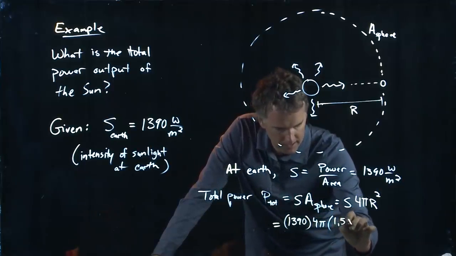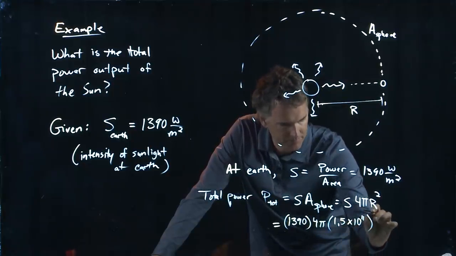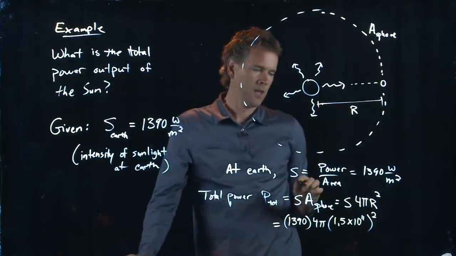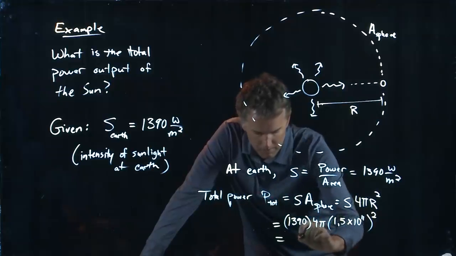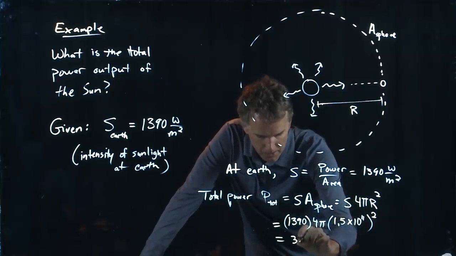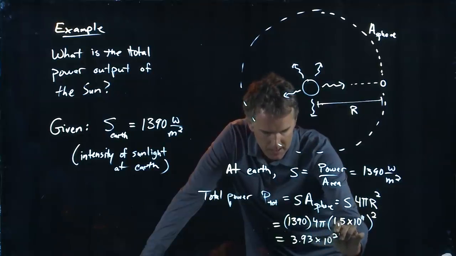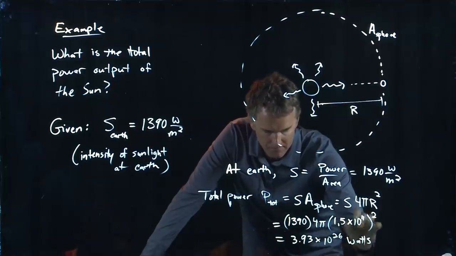It is 1.5 times 10 to the 11 meters. And so you're going to square that. And somebody double check my calculation. I ran this earlier, but maybe you can double check. I get 3.93 times 10 to the 26 watts.